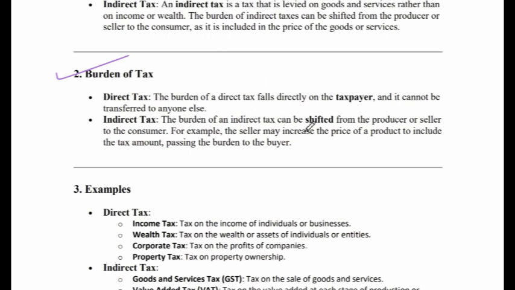The burden of an indirect tax can be shifted from the producer or seller to the consumer. For example, the seller may increase the price of a product to include the tax amount, passing the burden to the buyer. Meaning, they will collect the tax amount within the price itself, because of which the tax burden goes onto the buyer, and the seller and the producer will collect the tax from the consumer and pay to the government as a kind of indirect tax.